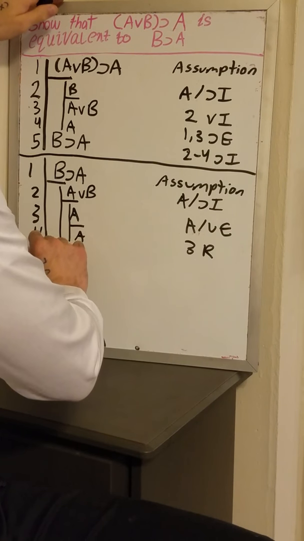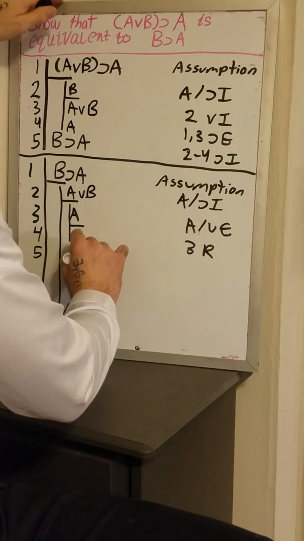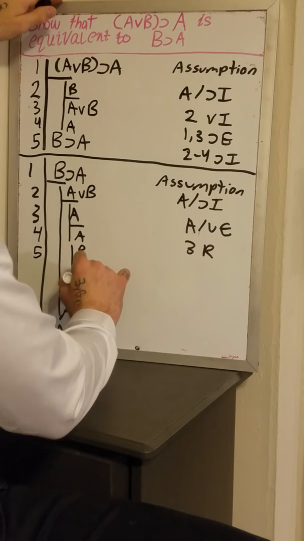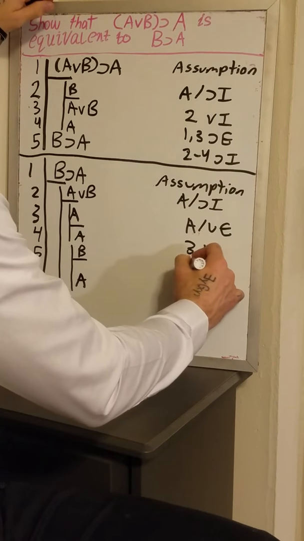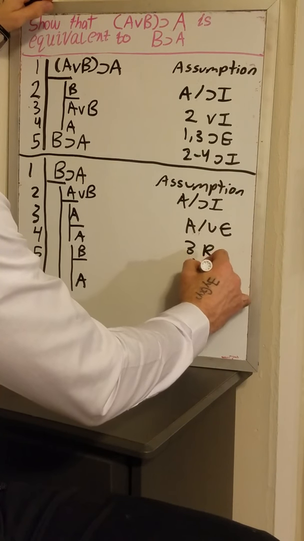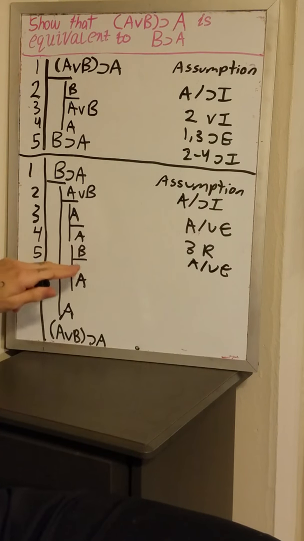And now, on line 5, we're going to assume B. We want to show that A is going to follow from B as well. So again, B is an assumption for disjunction elimination. And we get A right away from conditional elimination, lines 1 and 5.